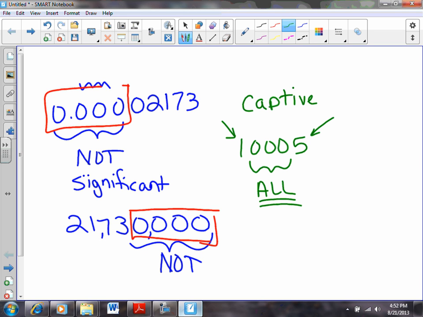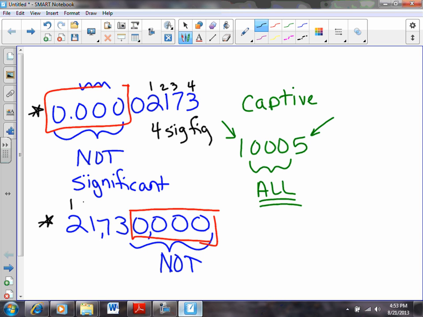So let's count significant digits in each one of these numbers. If we look at the first one here, we are not going to count any of those zeros. They are not significant. So this number has 1, 2, 3, 4 significant figures, so it has 4 sig figs. In the second number here, we are not going to count any of the trailing zeros.